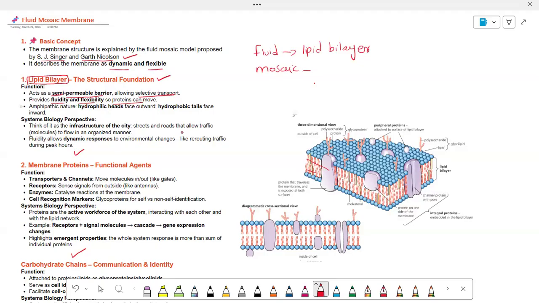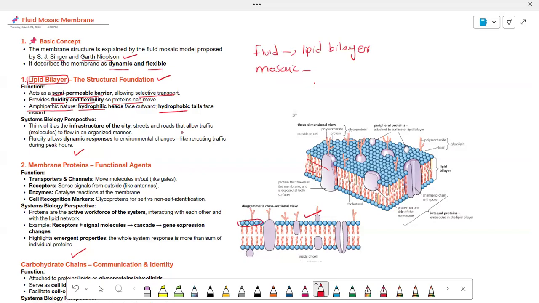It has an amphipathic nature. This is a very important concept: it's called amphipathic because it has both properties, hydrophilic and hydrophobic. You can see this is a lipid bilayer, and these heads are hydrophilic heads, meaning they are water loving.